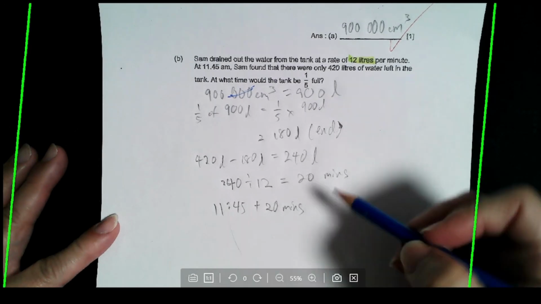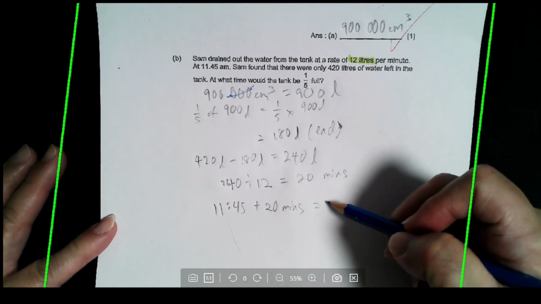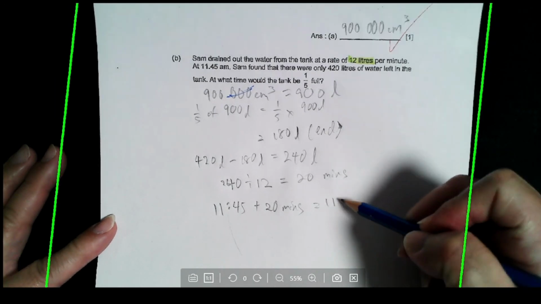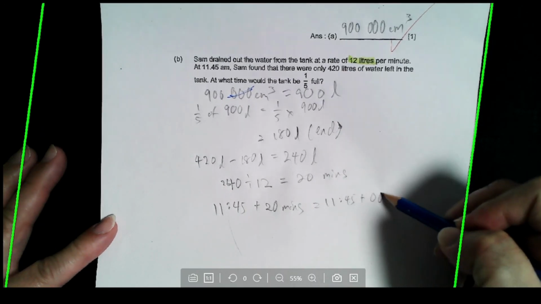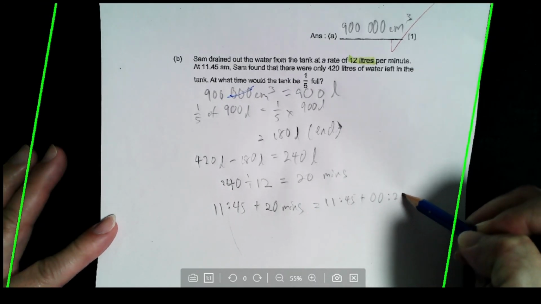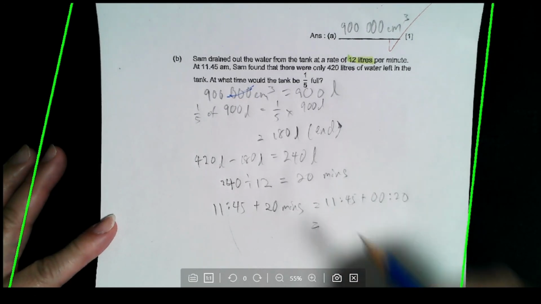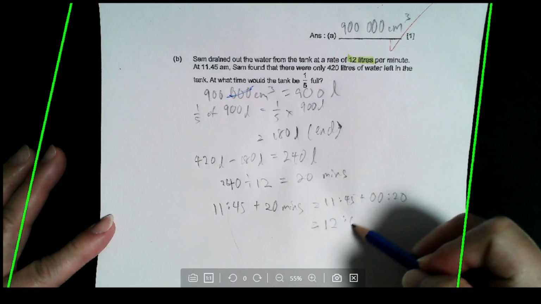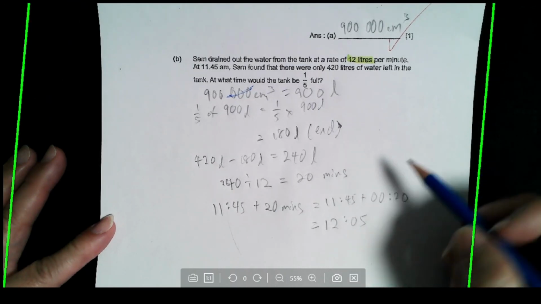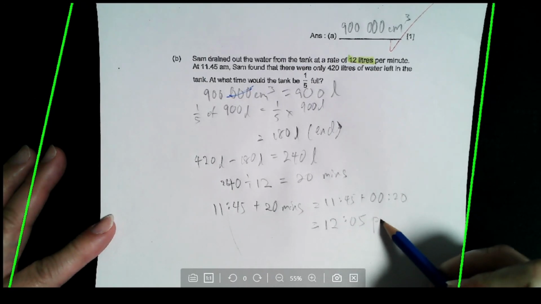You can write it like 11:45 plus 0020. Okay? You're going to get 12:05 p.m. Okay?